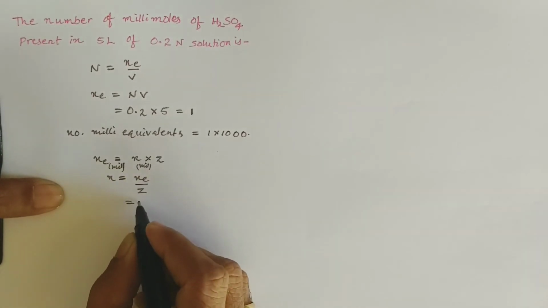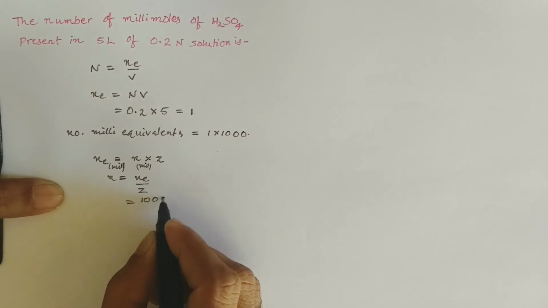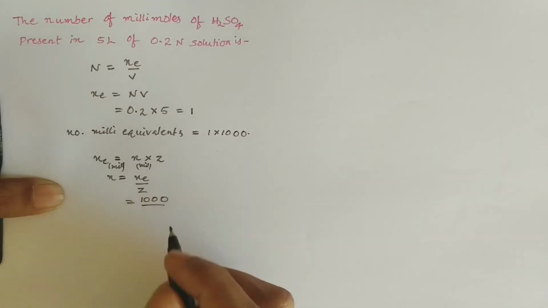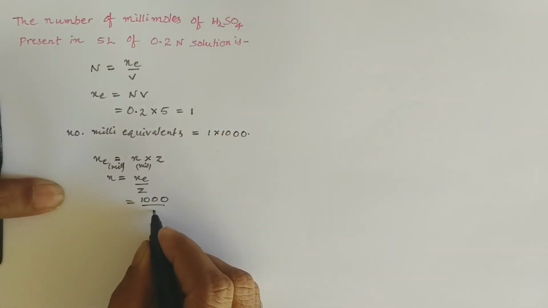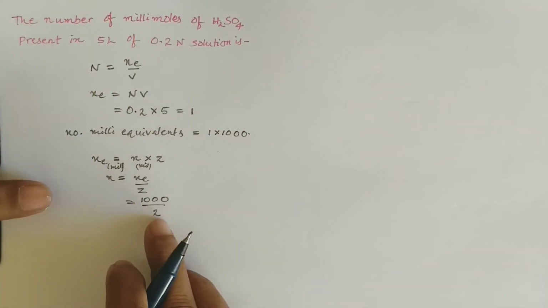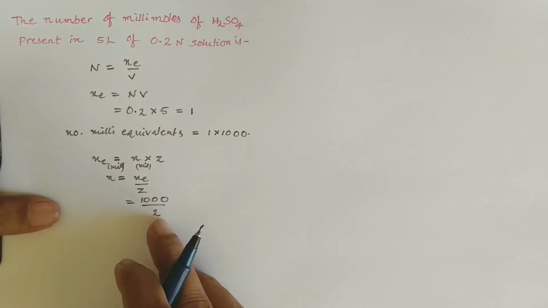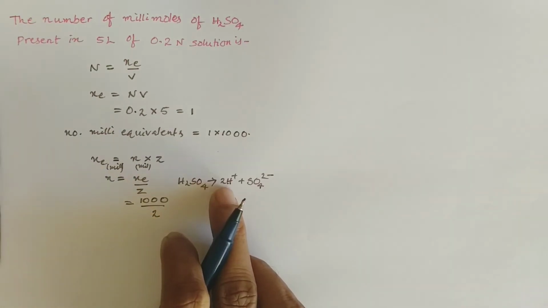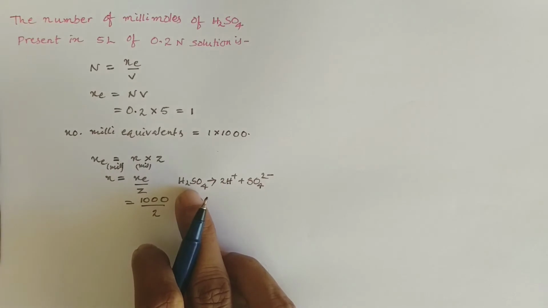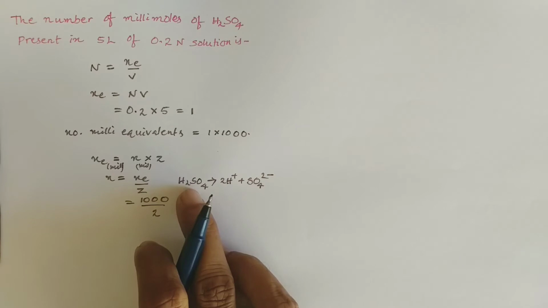Number of milliequivalents are 1000, and Z is what? For sulfuric acid, Z factor is 2. Okay, so that is nothing but the basicity of the acid, right? The number of H plus ions given by one molecule or one formula unit of acid is called the basicity of the acid.